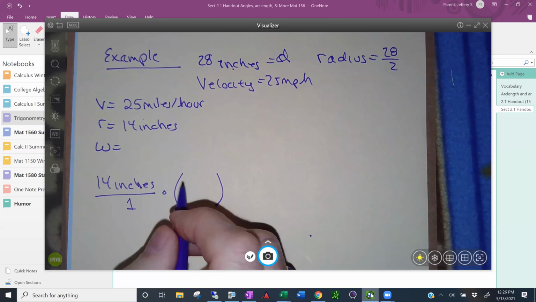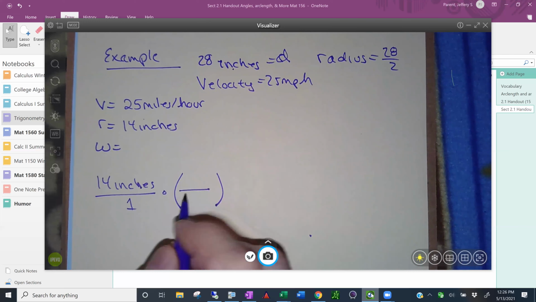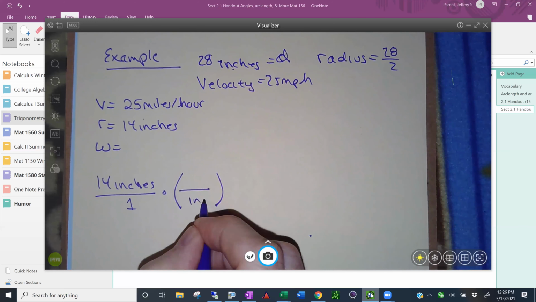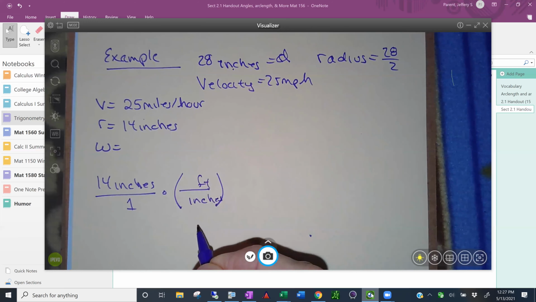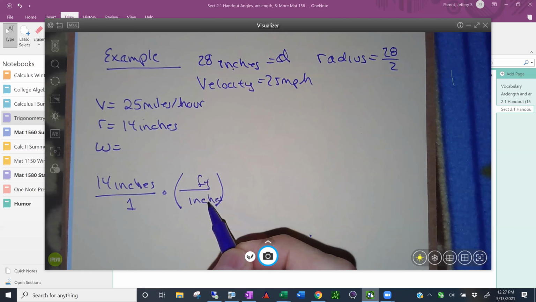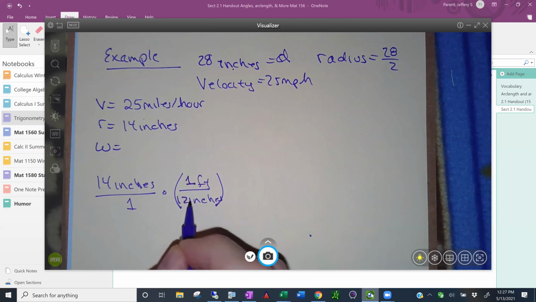So if I want inches to cancel out and feet to be left, I'll put inches on the bottom and feet in the numerator. What's the relationship between feet and inches? 12 inches for every foot. Good. So 1 foot is 12 inches.